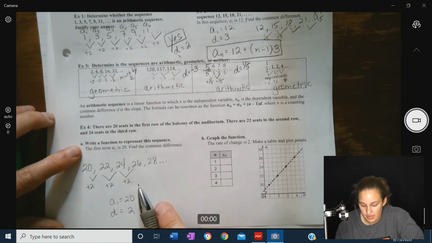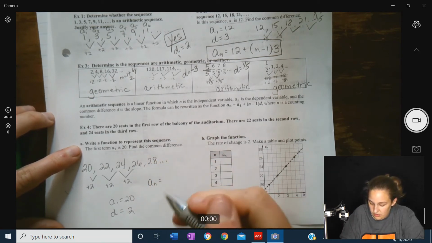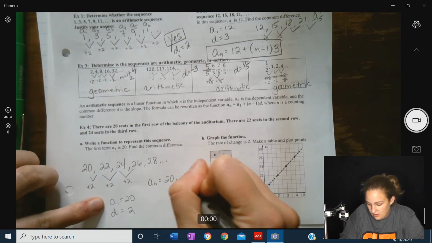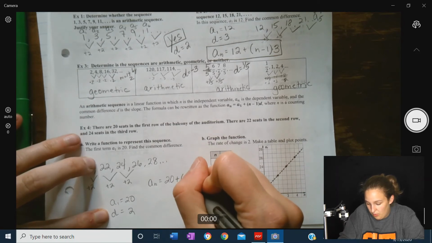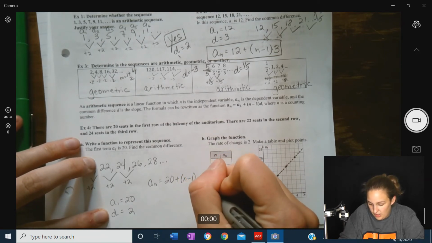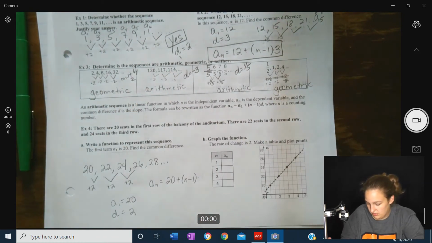So if we were going to write this as a function, an is going to equal 20 plus n minus 1 times the difference, which was 2, not d2.